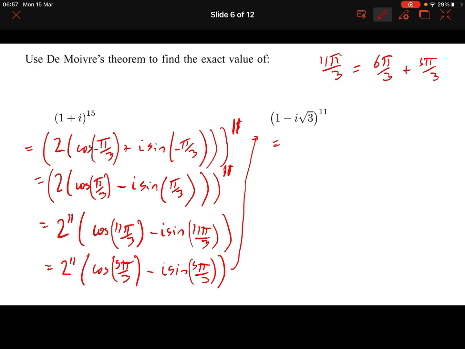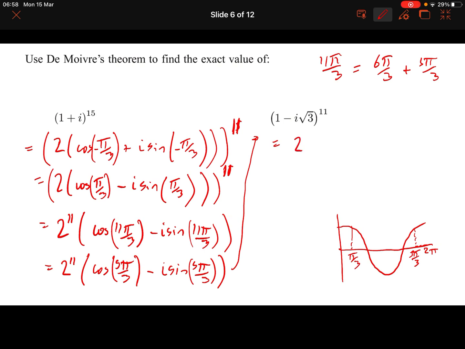So that's going to be equal to, well, I need to know what cosine of 5 pi over 3 is. Let's just do it quickly. If this is 2 pi, this is going to be 5 pi over 3, so that distance is going to be pi over 3. Cosine of pi over 3 is going to be positive a half.